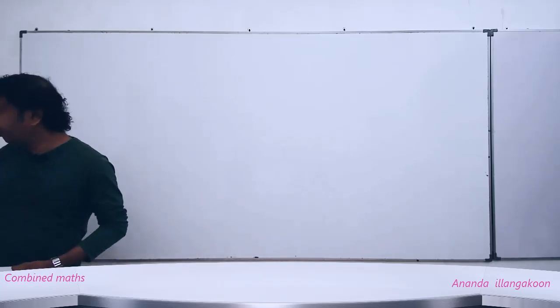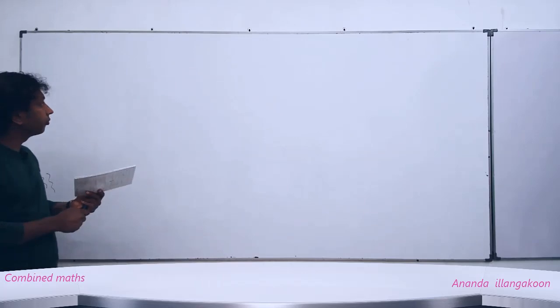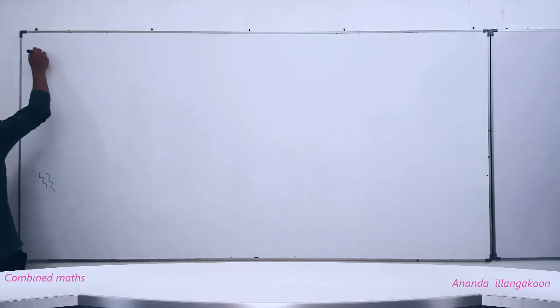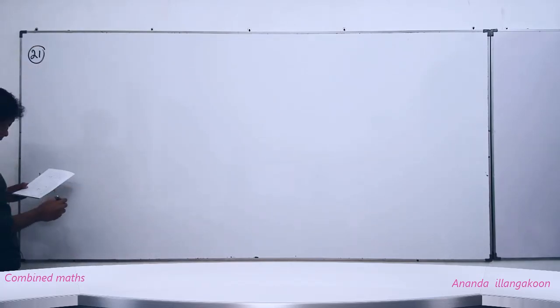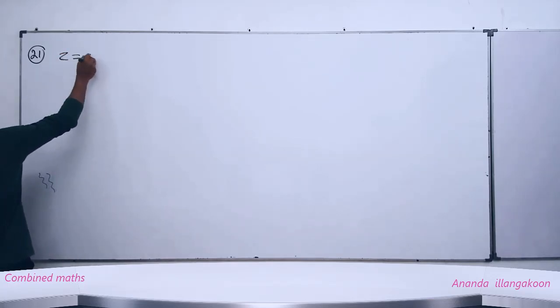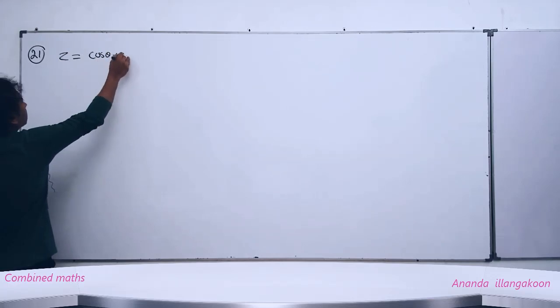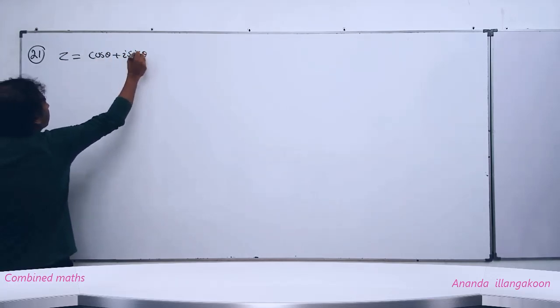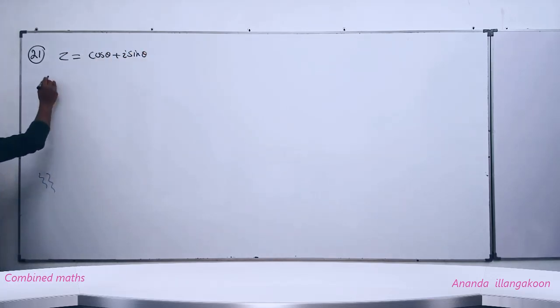Number 21. A complex number is given by z = cos theta plus i sin theta. Then its modulus is 1. Why?